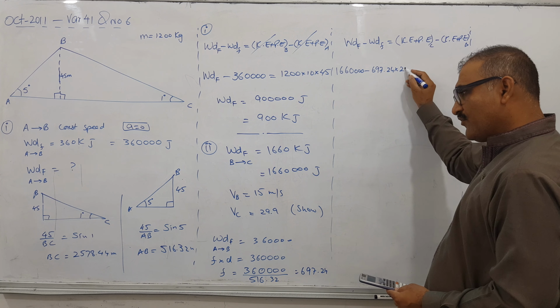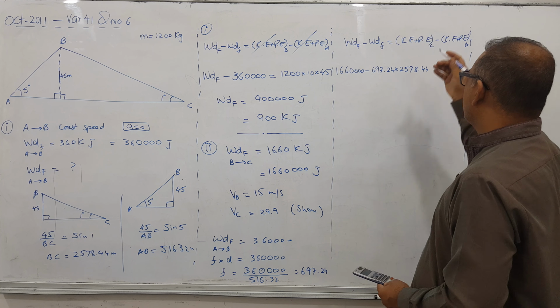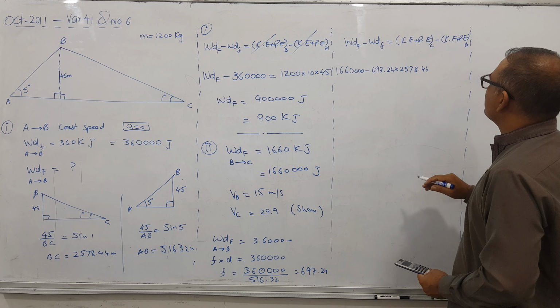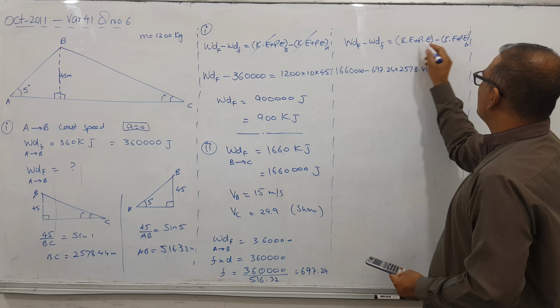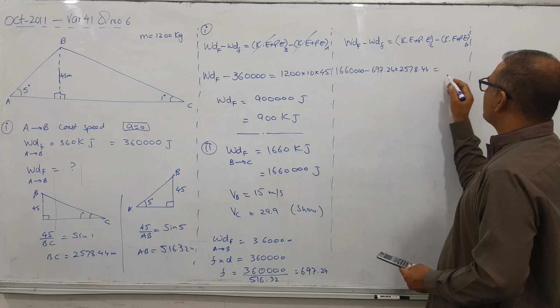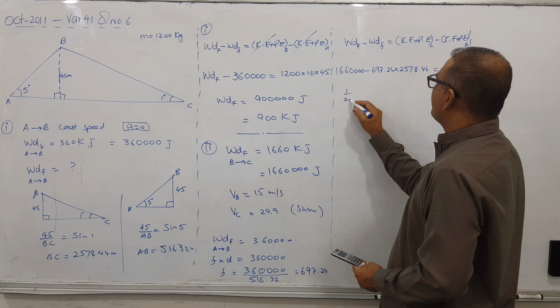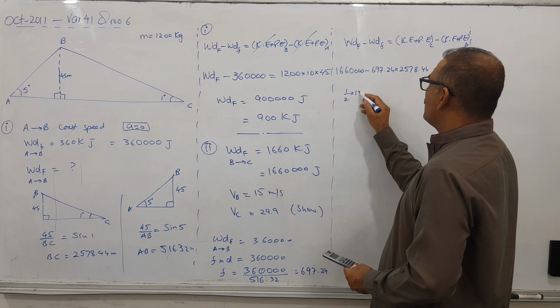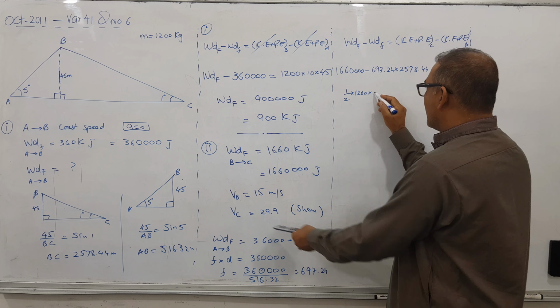2578.44. So this will give us this thing. And now I can find this one also. What is the kinetic energy at C is my task. So half mv square, half into m, mass is 1200, v is VC, VC is my target, leave it, VC square, and at ground this is 0.